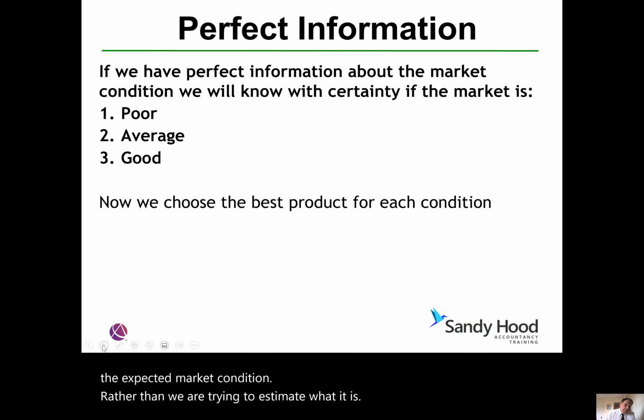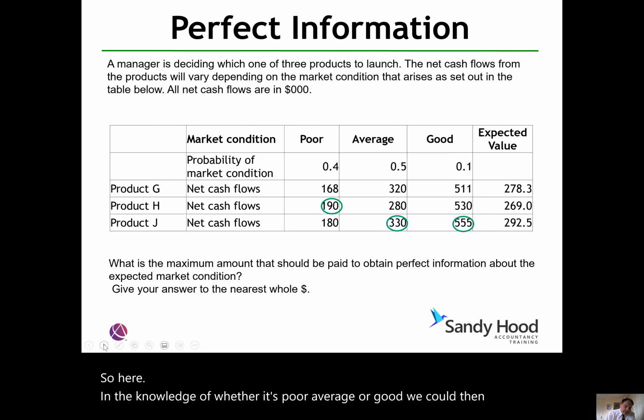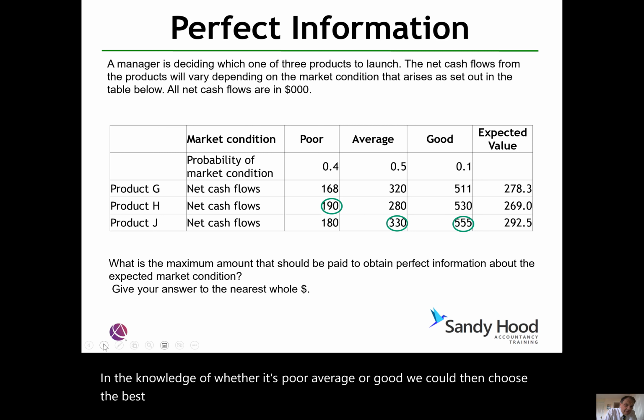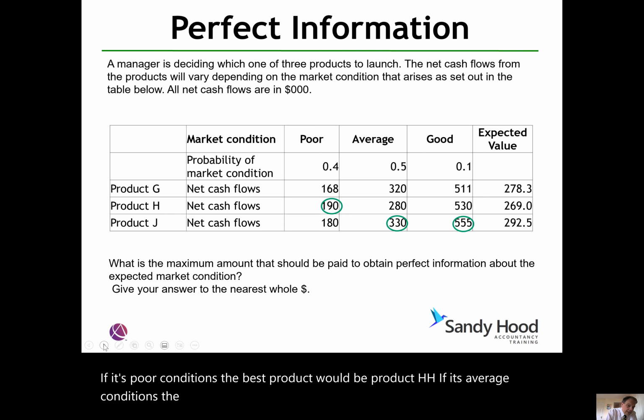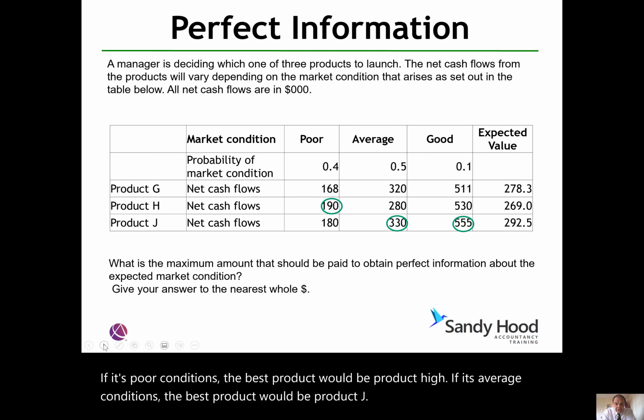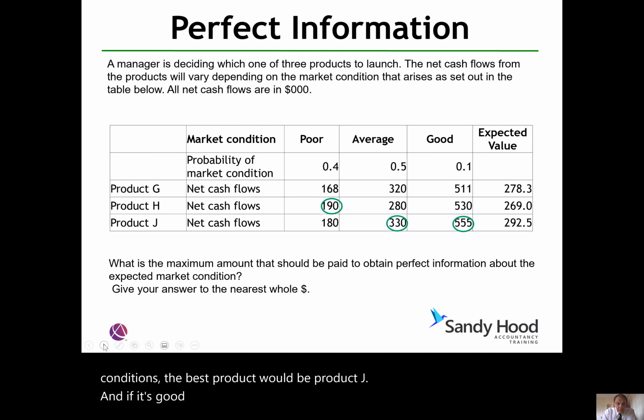So here, in the knowledge of whether it's poor, average or good, we could then choose the best product. If it's poor conditions, the best product would be product H. If it's average conditions, the best product would be product J. And if it's good conditions, the best product would be product J as well.